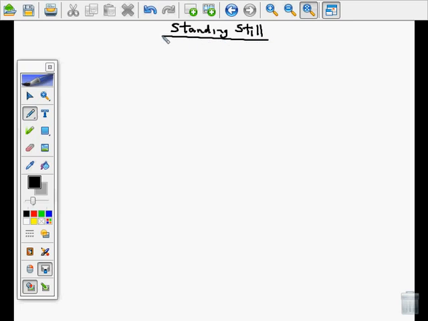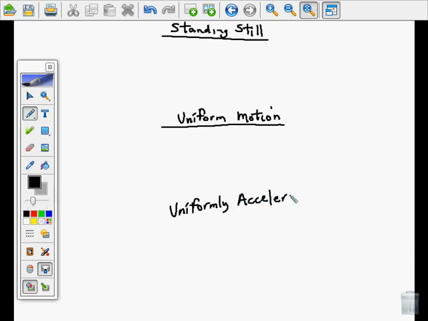And then if the object is moving uniformly, and then if you have uniformly accelerated motion. So 3 graphs.